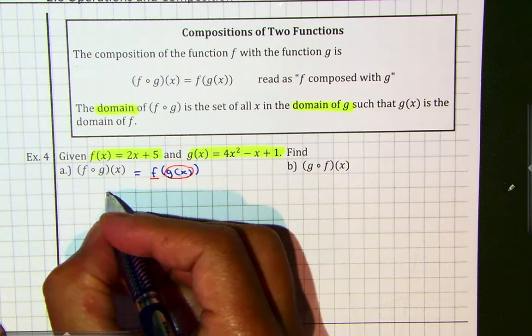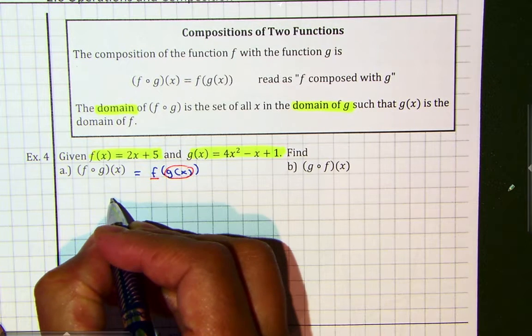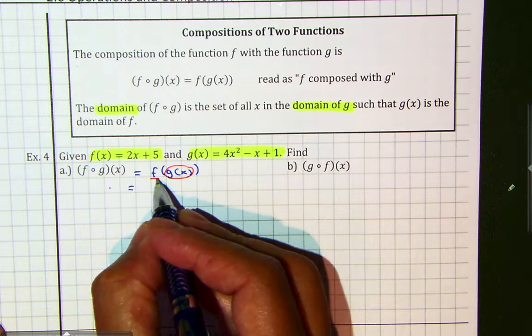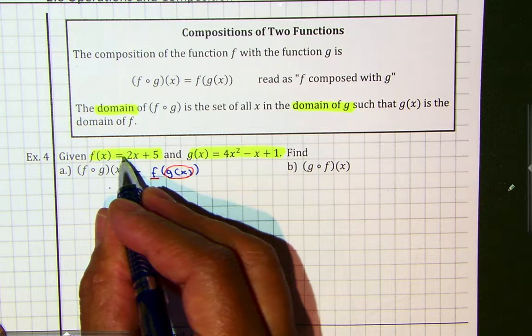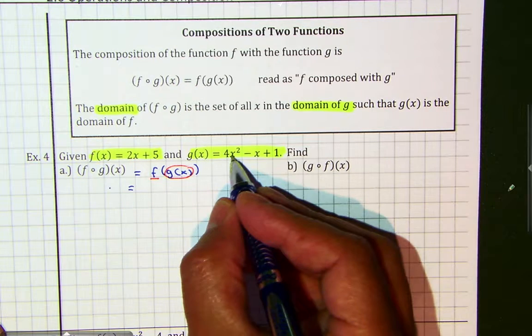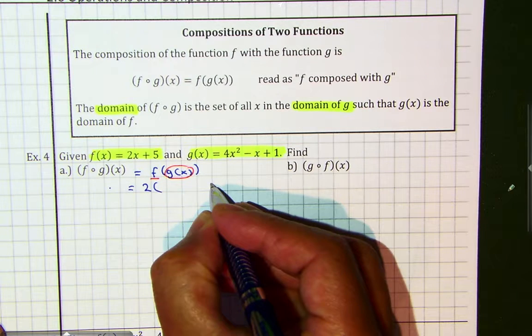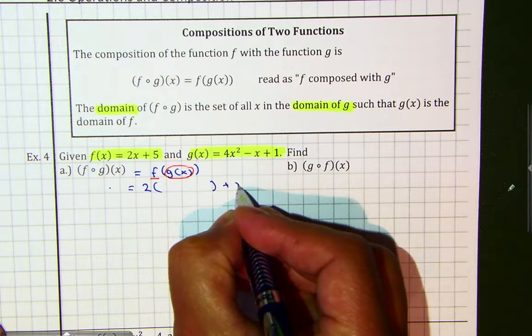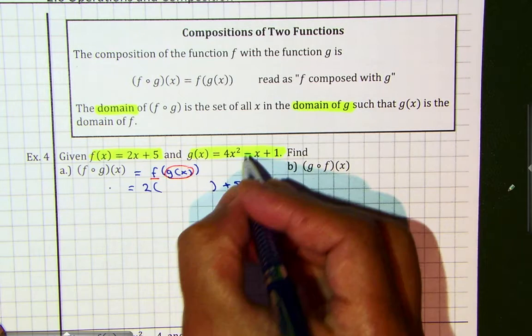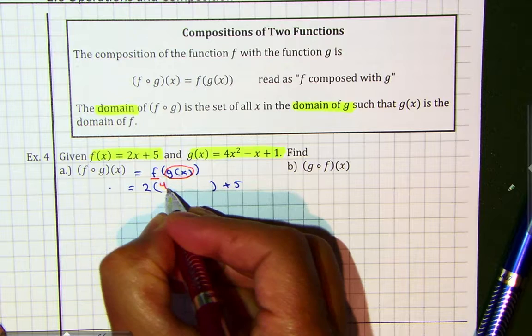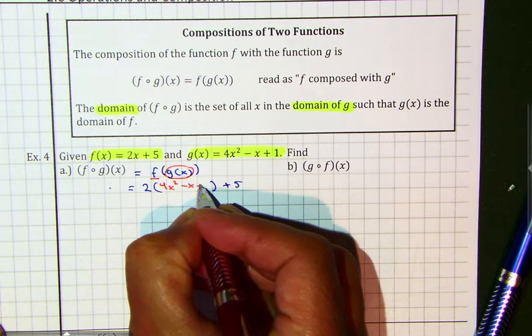So let me make sure I write small enough that I can fit everything in here. So equals. I'm going to write down the f function first, but instead of the x, I'm going to leave some space so I can write down my g function. So I'm going to set up first 2x plus 5. And instead of the x, I'm going to replace it with g of x, which is 4x squared minus x plus 1.